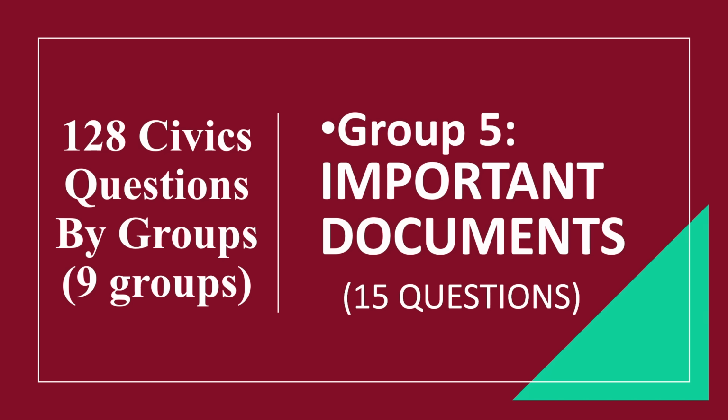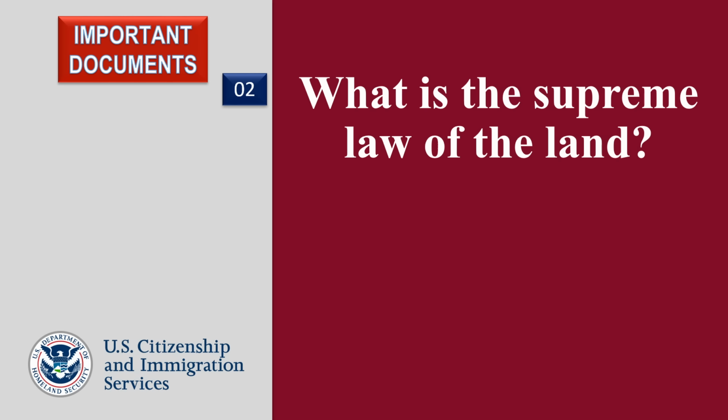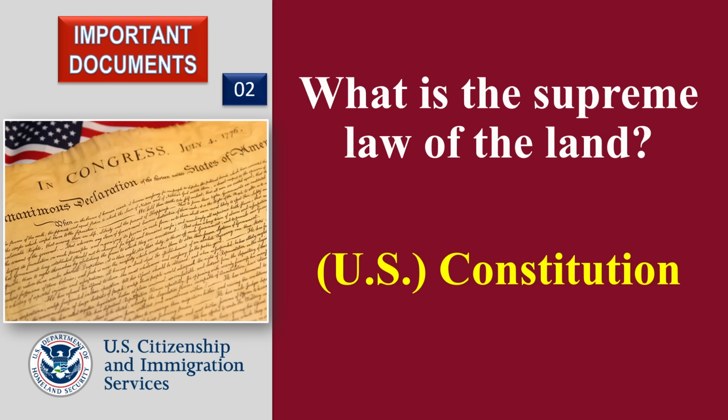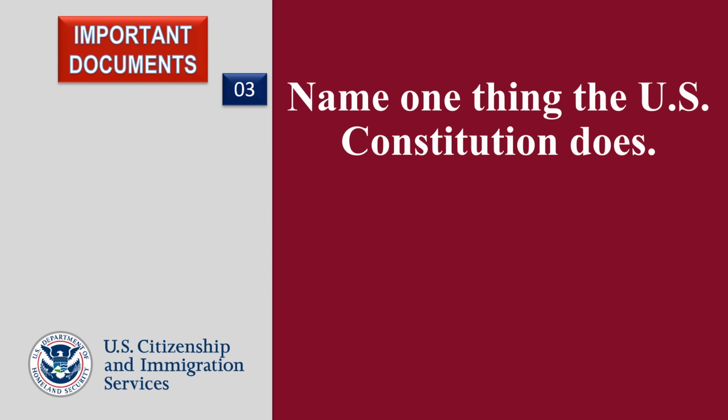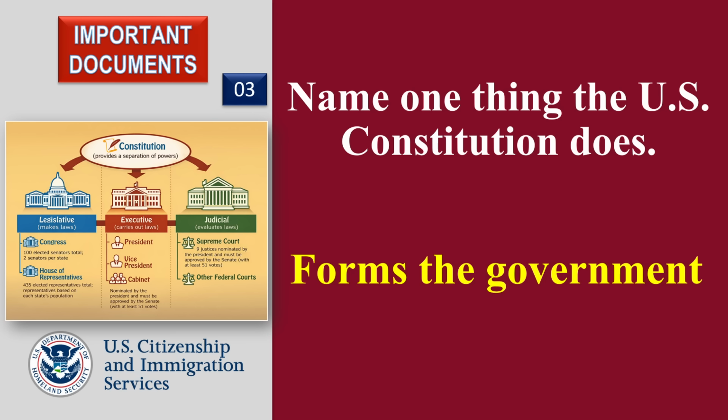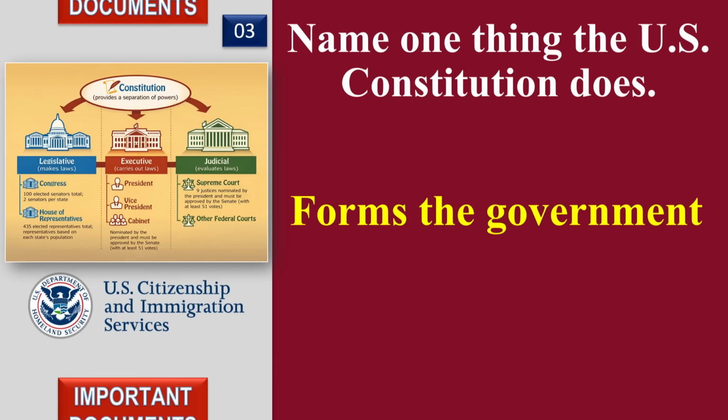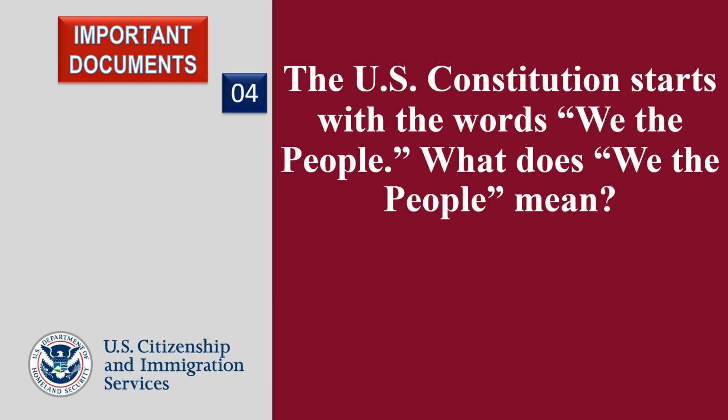Group 5. Important documents. What is the supreme law of the land? U.S. Constitution. Name one thing the U.S. Constitution does. Forms the government. The U.S. Constitution starts with the words, "We the people."